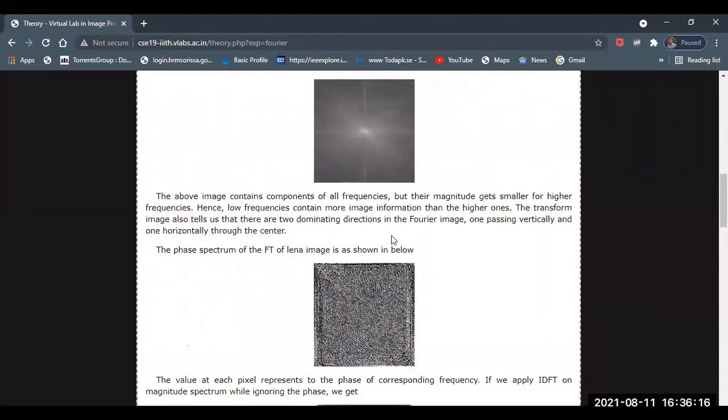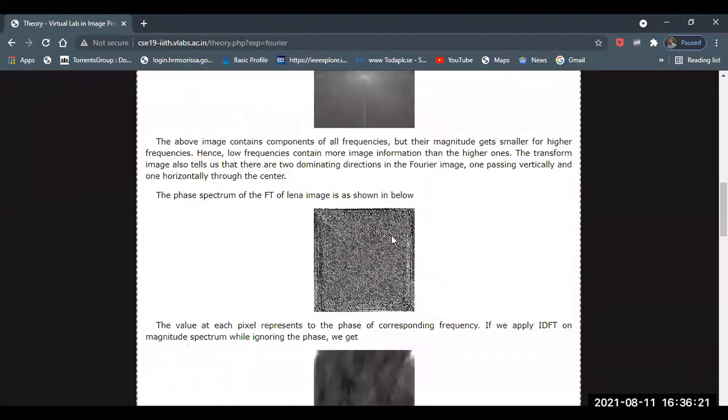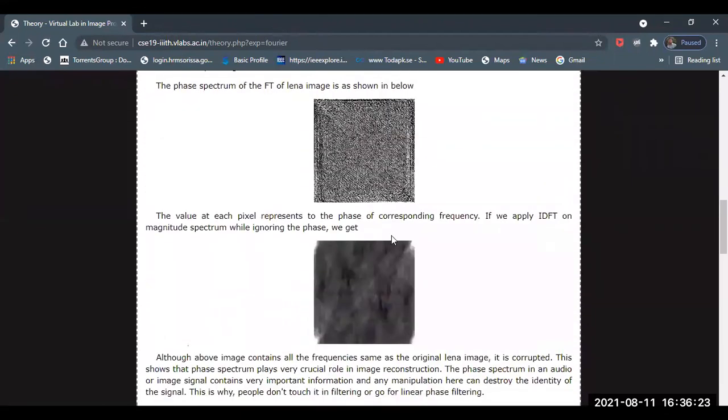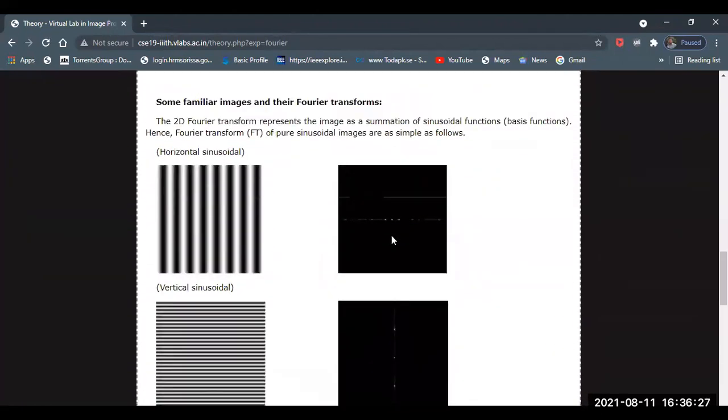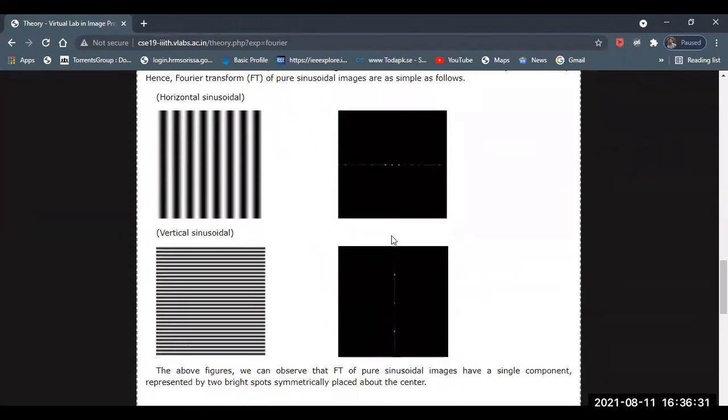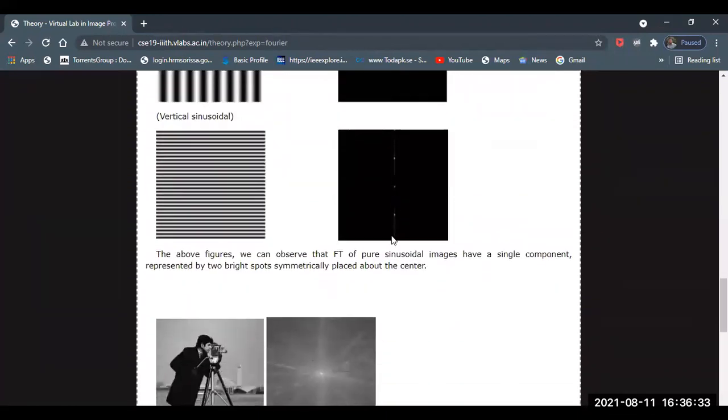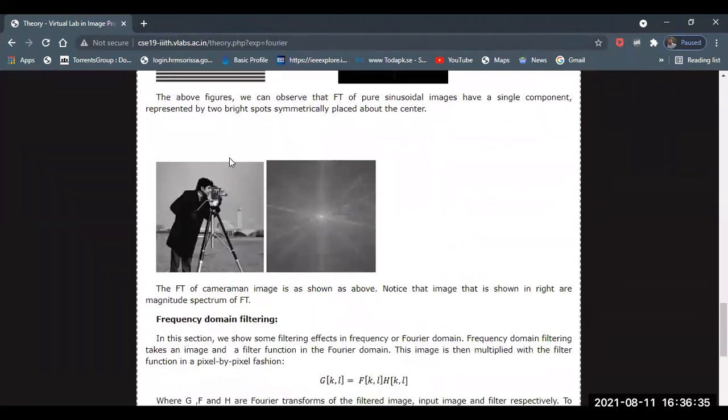Then we saw some familiar examples from which we derived the Fourier magnitude spectrum and phase spectrum, such as the horizontal sinusoidal figure, the vertical sinusoidal figure, and the famous cameraman figure, and how we converted them.